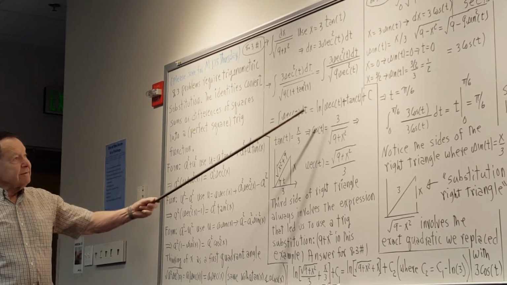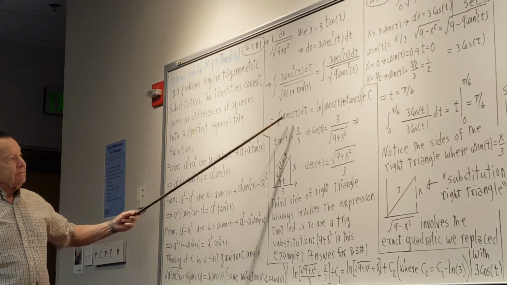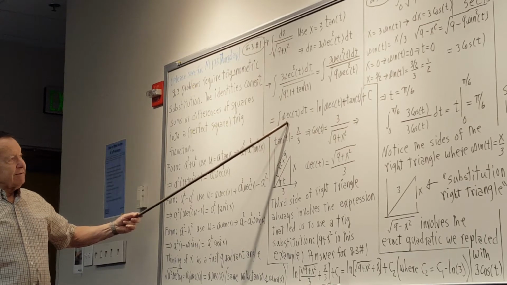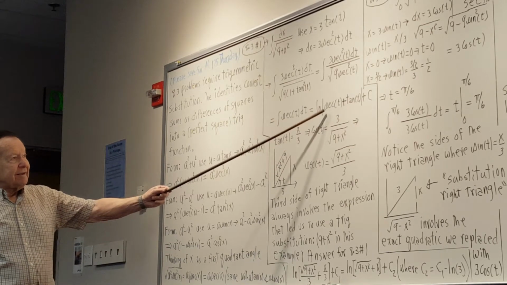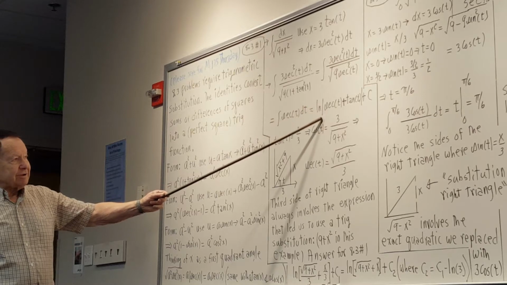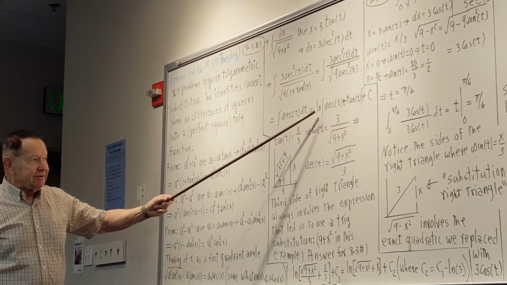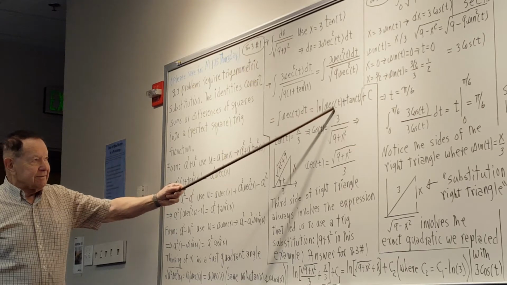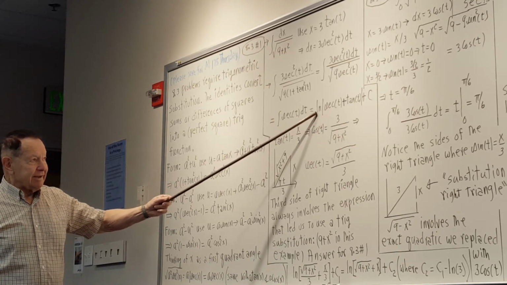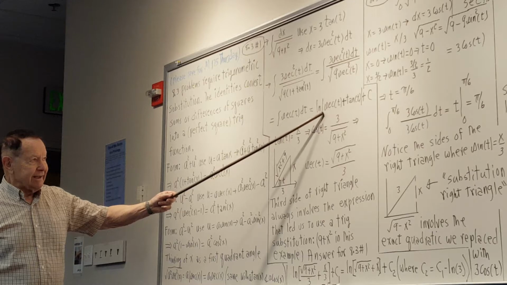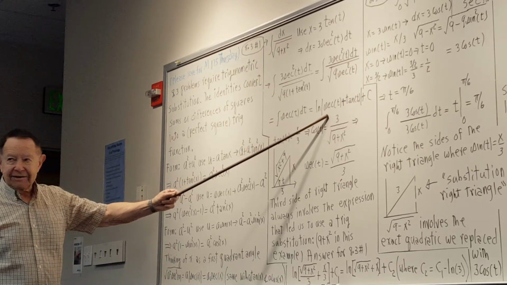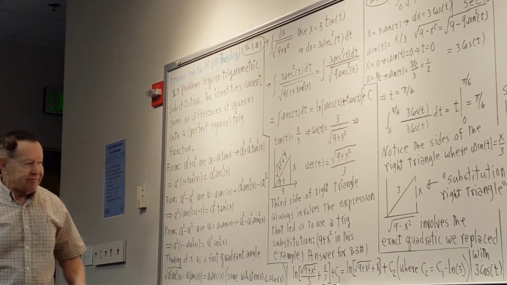And when you do the integration for secant, you always put absolute value here, log of absolute value, because log is not defined unless what you're taking the log of is positive.